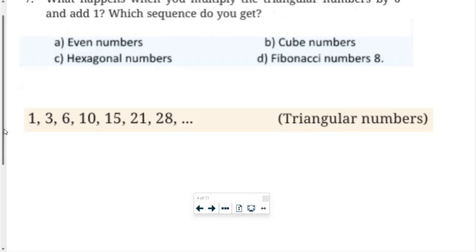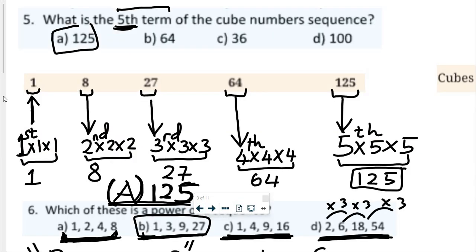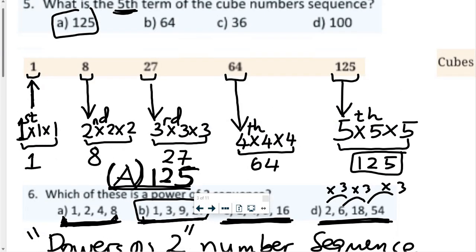Now, let me see if I have explained about triangular numbers before. Did I talk about triangular numbers?